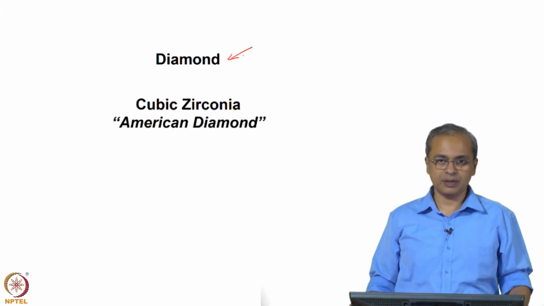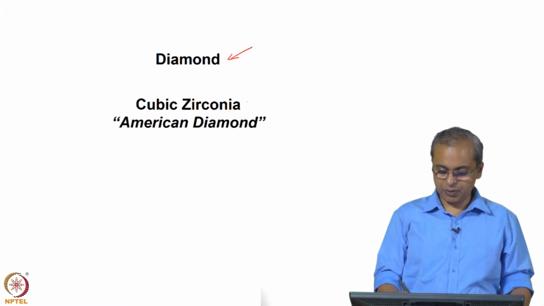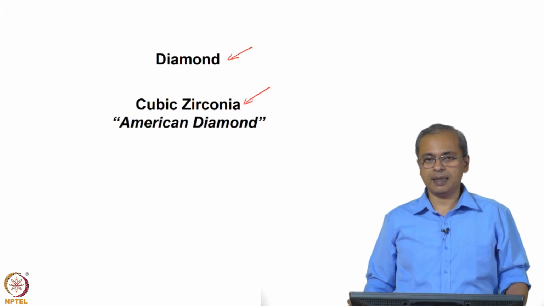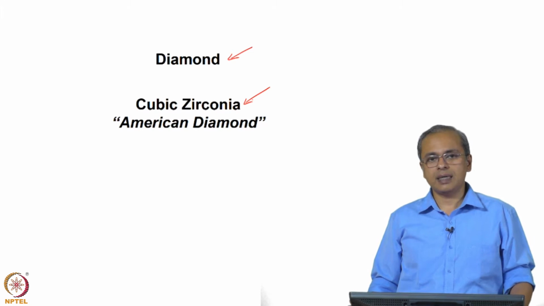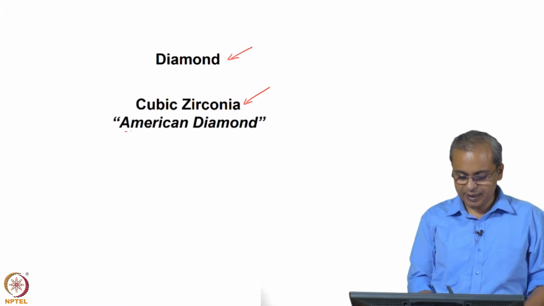First of all, I am pretty sure we have all heard of diamond and how interesting it is and how expensive it is and so on. There is another version of gemstone, so to speak, which is nothing but cubic zirconia. In the Indian context certainly, people refer to it as the American diamond.